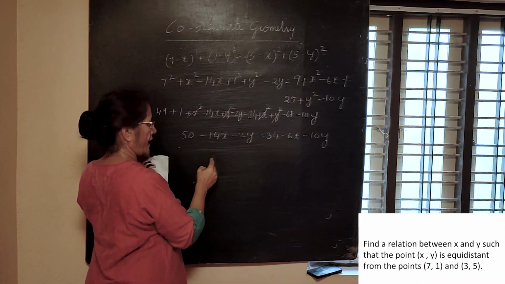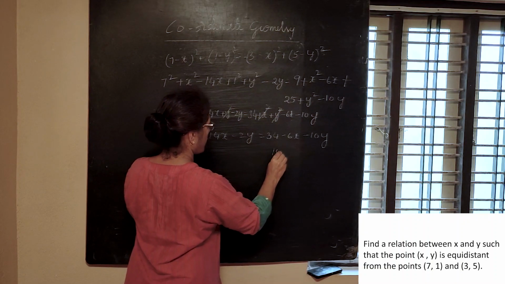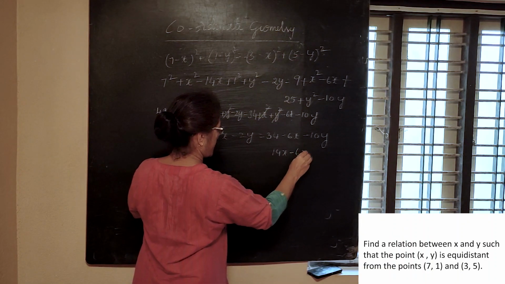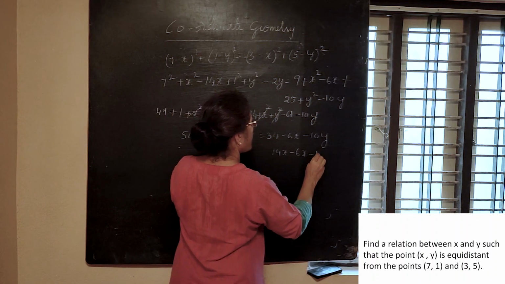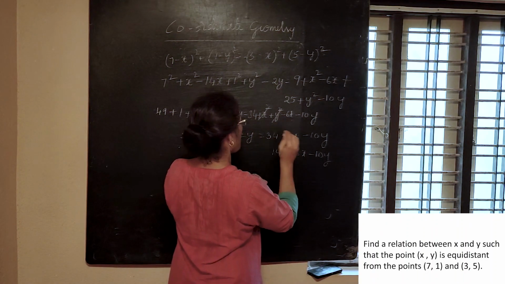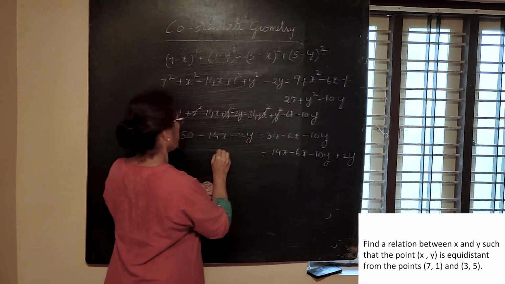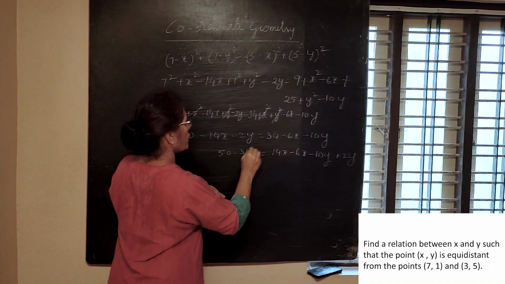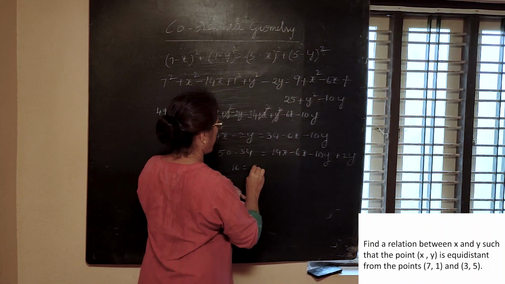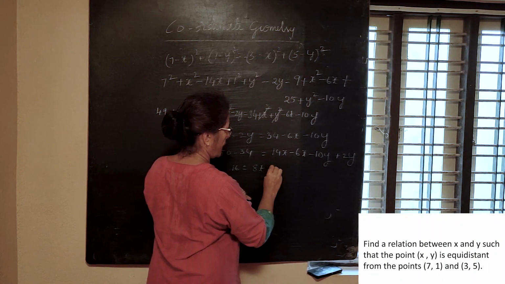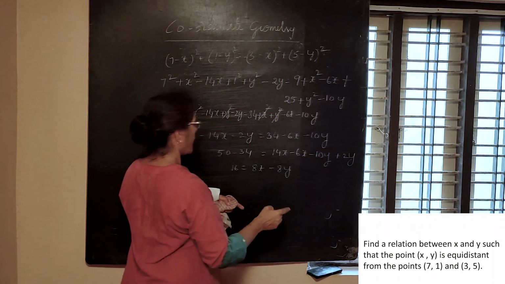So minus 14x is there. Let me bring this to the other side. 14x minus 6x, minus 10y plus 2y, is equal to 50 minus 34. Or 16 is equal to 8x minus 10y plus 2y, which is minus 8y.